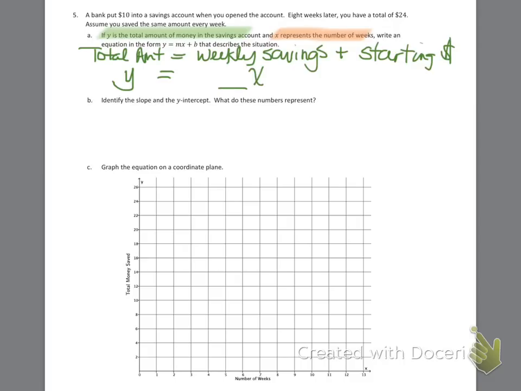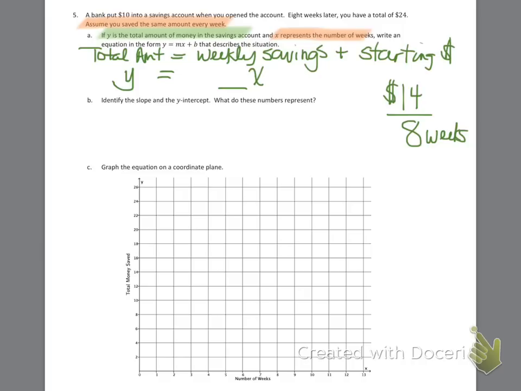So I need to know how much is it that I'm saving each week. Okay, well, I can see that I started with 10, and 8 weeks later I had 24. So in 8 weeks, I saved $14. And I'm going to divide that by 8 weeks because it says that I can assume that I save the same amount each week. So that's kind of the constant rate part of this problem.